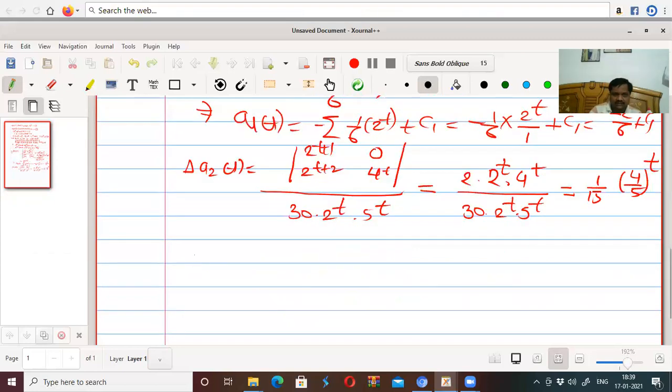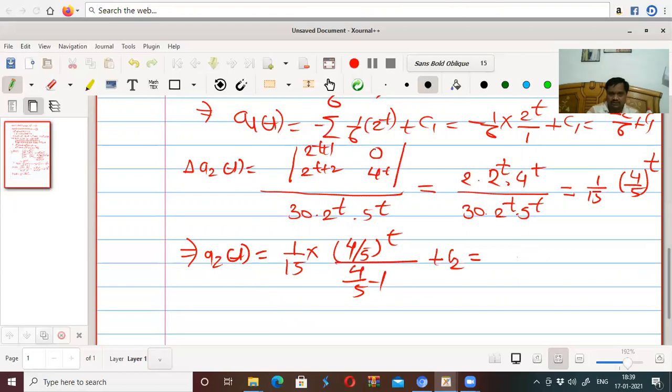And therefore this implies A2t is equal to 1 upon 15 into the summation of 4 by 5 to the power t, that is 4 by 5 to the power t upon 4 by 5 minus 1, plus something C2.